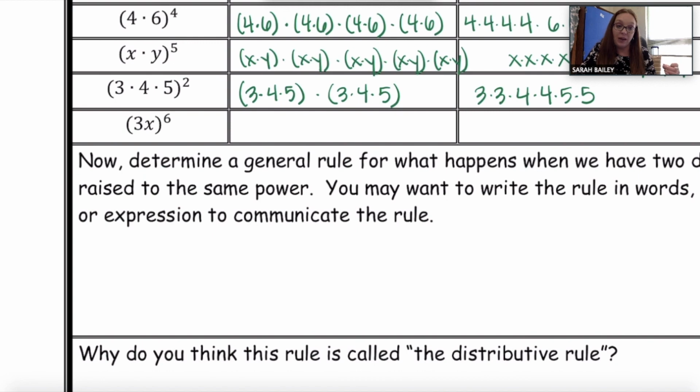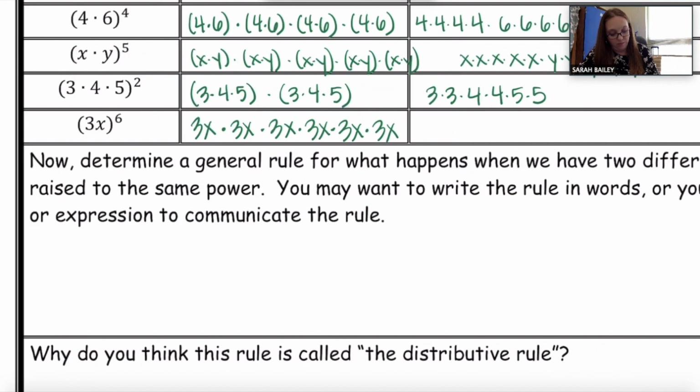3x to the 6th power. So notice the 3x, that whole thing is in parentheses. So I'm going to have 6 groups of 3x being multiplied together. There's 1, 2, 3, 4, 5, 6. Remember that 3x means 3 times x, so I can still rearrange it so all the 3's are together and all the x's are together.